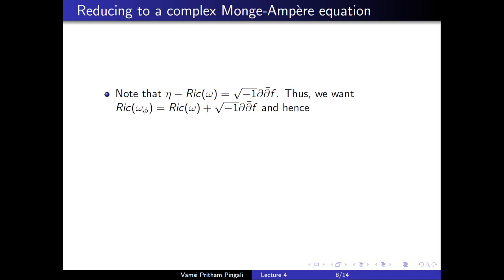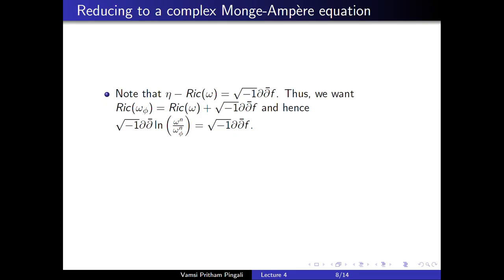So, the Ricci of omega phi, which we want to be equal to eta, is eta minus Ricci omega plus Ricci omega, so it is equal to Ricci omega plus square root of minus 1 del del bar f. But what is the Ricci curvature? It's minus square root of minus 1 del del bar log determinant of the metric.